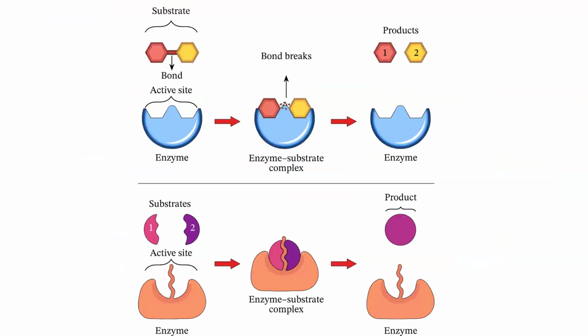So kind of cool. I wanted to put this figure up here, not because I think it's the best figure ever, but because it's showing the two different types of reactions that enzymes are going to be catalyzing. So remember, enzymes can either break bonds, as is the case here, or they can help form bonds. So they can do both.